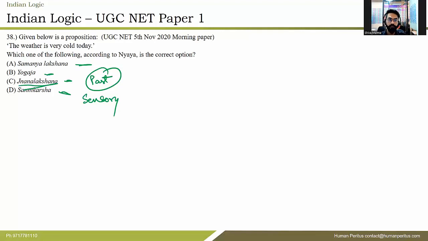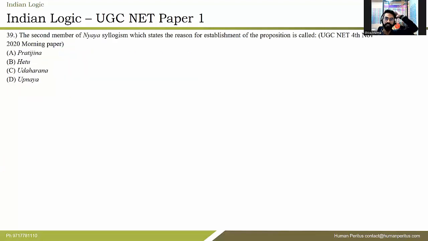All right. Now, moving on to the next question, you have second member of Nyaya syllogism, which states the reason for establishment of preposition is hetu or ground. We have discussed this several times now, right?